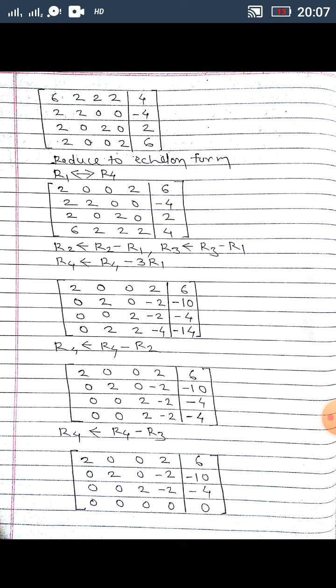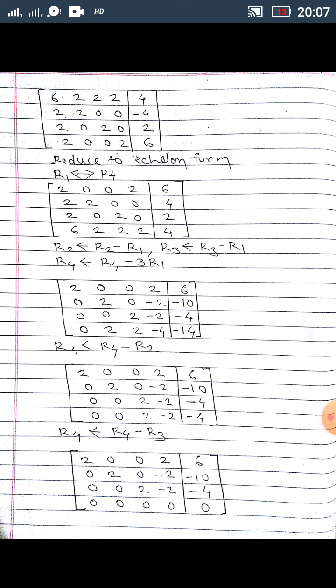Now again in R4, R4 minus R2. So R1 is as it is, 2 0 0 2 6, R2 as it is, 0 2 0 minus 2 minus 10, R3 0 0 2 minus 2 minus 4 as it is. In R4, R4 minus R2 we are performing. So 0 0 2 minus 2 minus 4 will be the change.